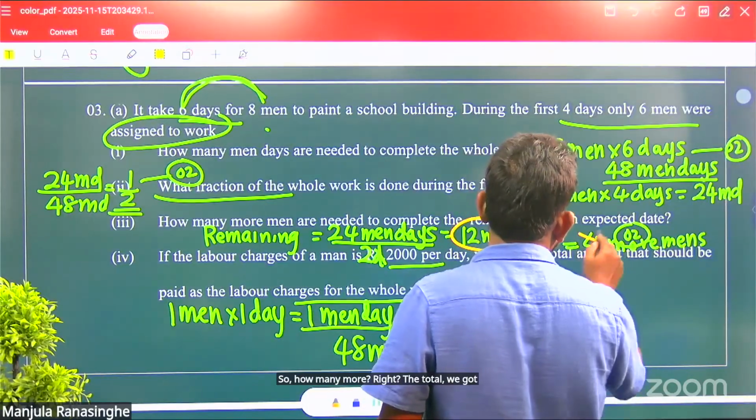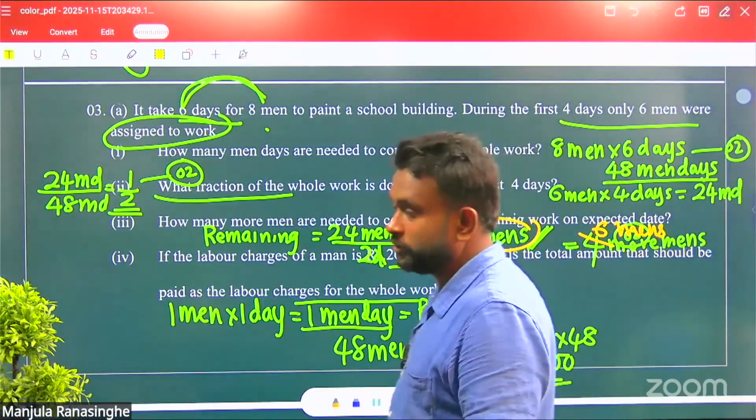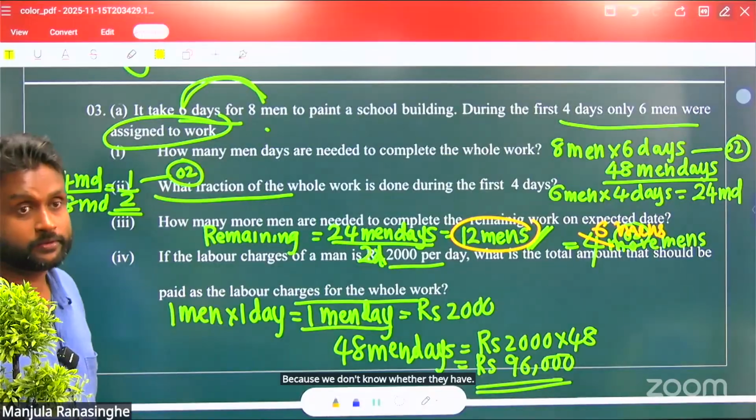Better to put 6, because we don't know whether they have 8 there.